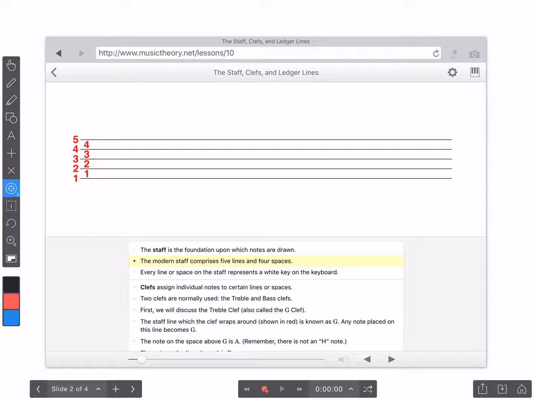And notice how these are numbered bottom to top. This is important. The language we will be using for this assignment is bottom to top. If we were having a discussion about where a note was placed, and I said I want it placed on the second space, well, if we look over here at the spaces, there are 4 of them, and they are numbered 1, then 2, then 3, then 4.